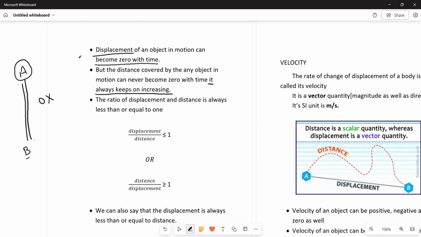See, these two points are very important. Make sure that you write this in your copy. And there is one more point given over here, that the ratio of displacement and distance is always less than or equal to 1. This is again a very important point.